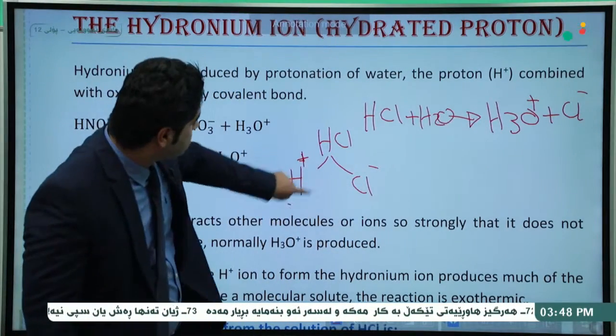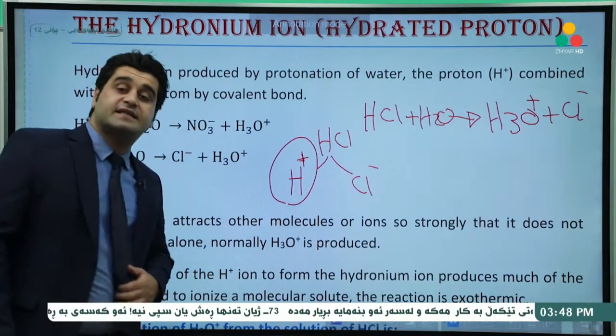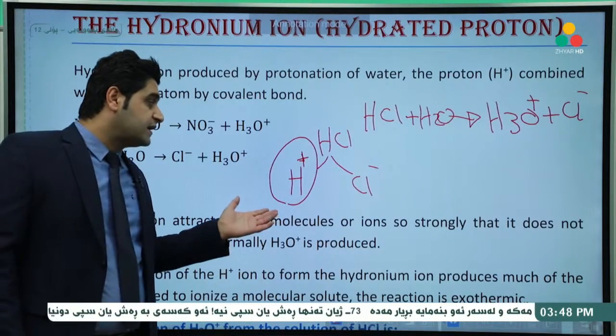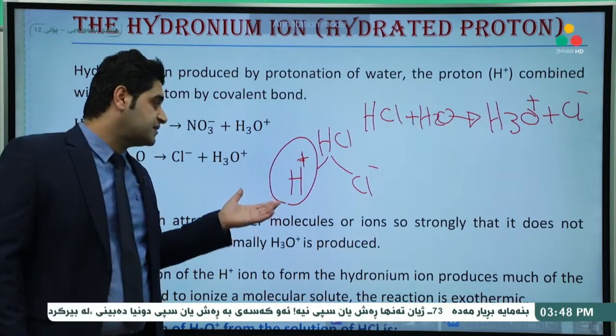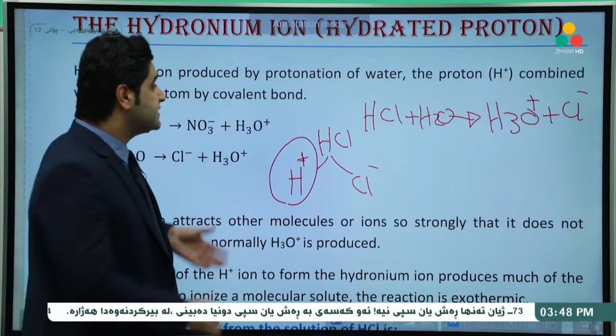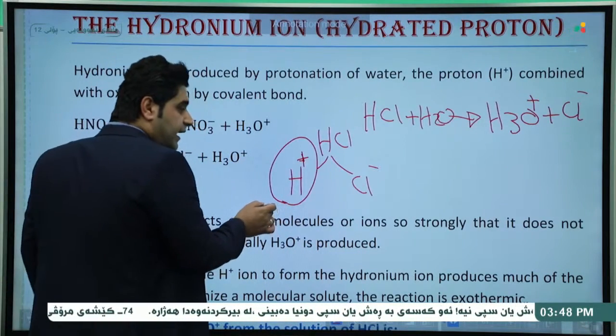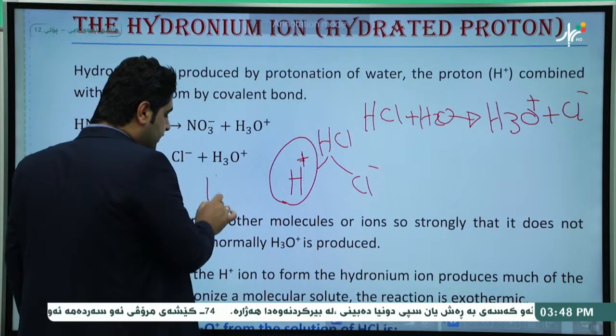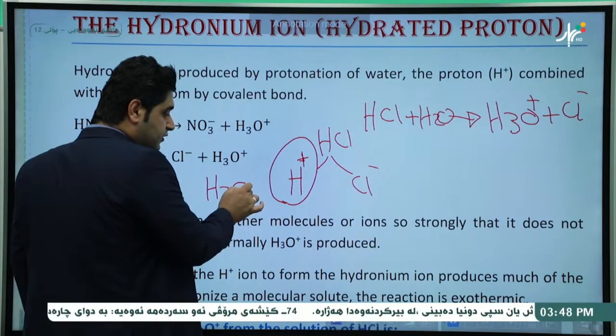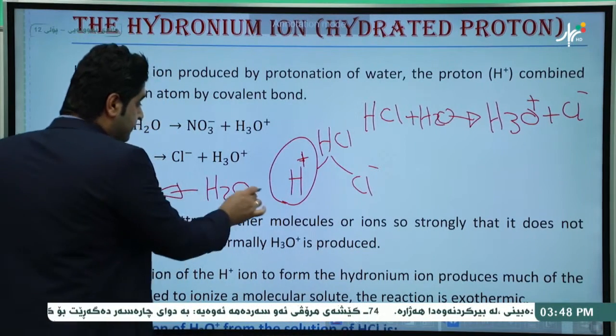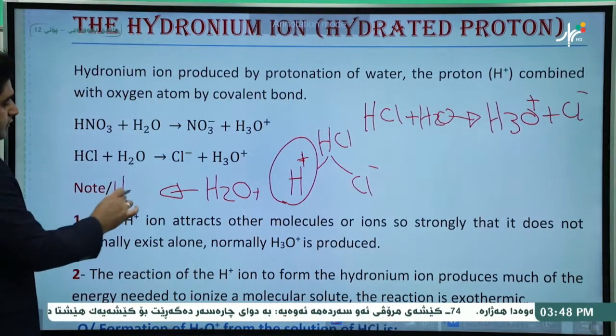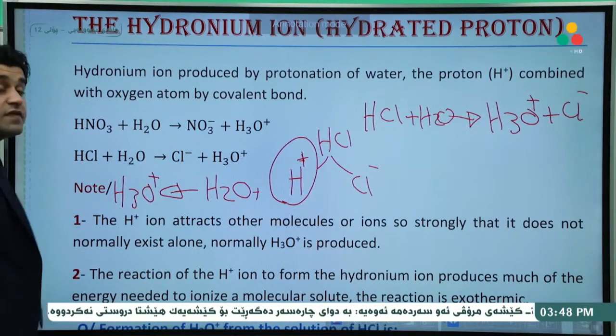But because H+ is a very active ion, it cannot stay freely alone, so immediately it will react with a water molecule by a covalent bond with oxygen to form H3O+, which is exothermic.